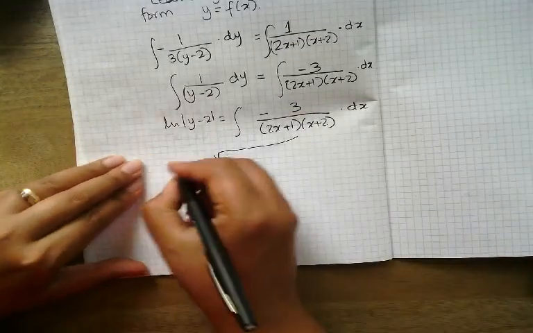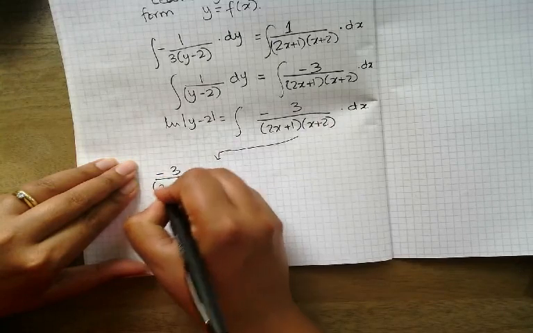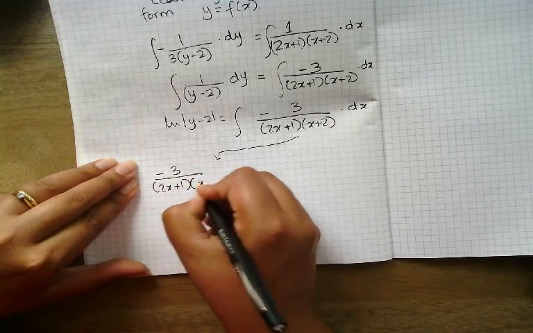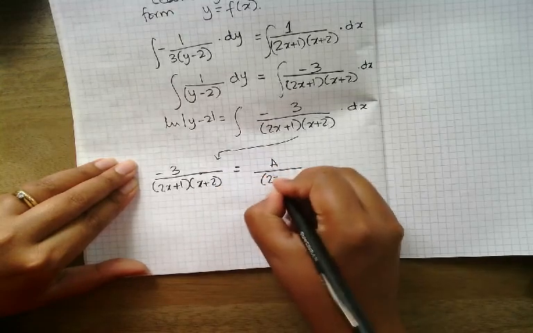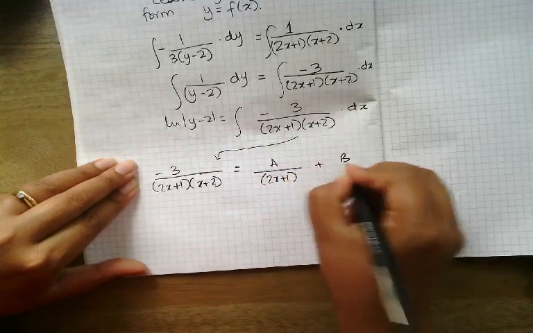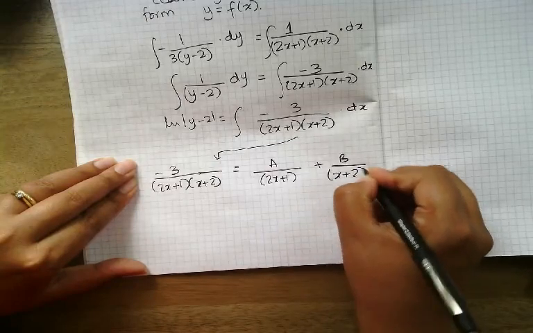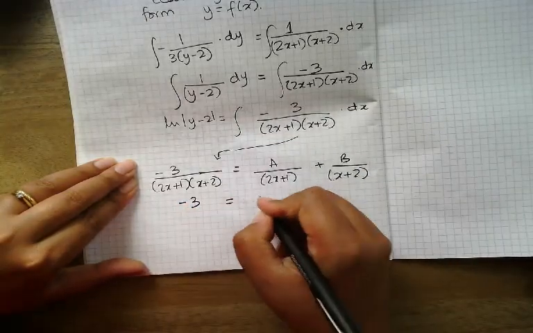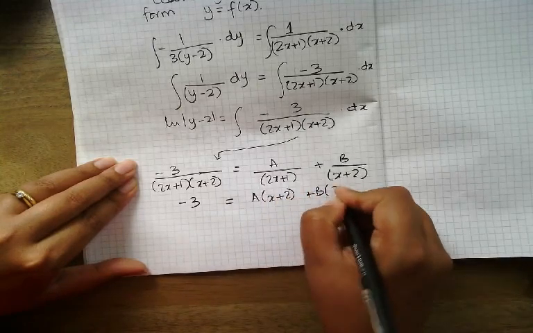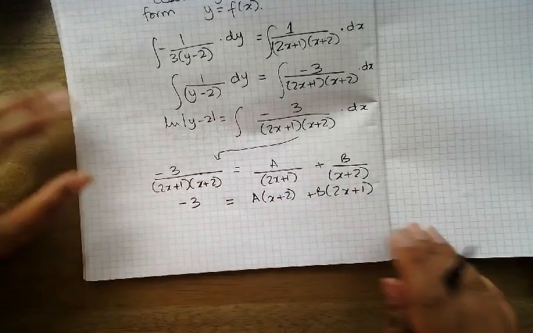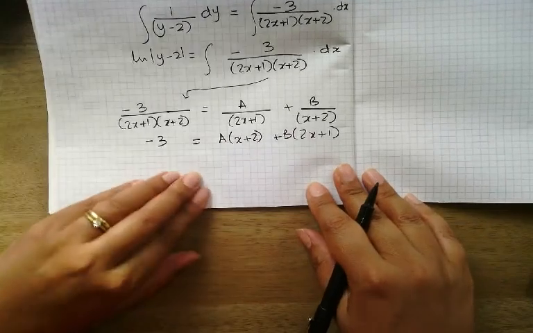So if we had minus 3 over (2x plus 1)(x plus 2), I will be splitting this as such, and then multiply them out.